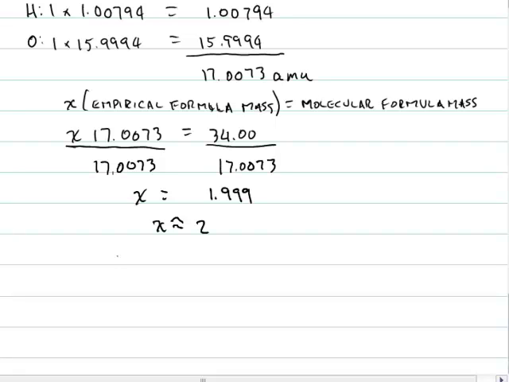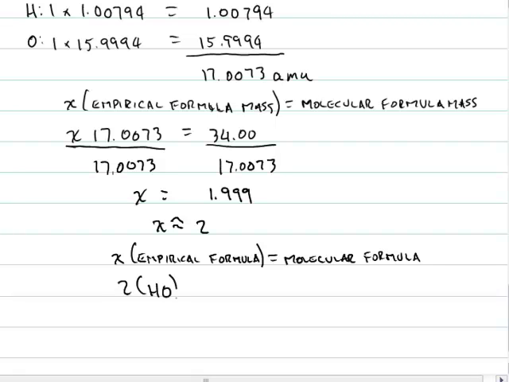So now we're going to use that x times the empirical formula is equal to the molecular formula. So we have 2 times HO is equal to H2O2.